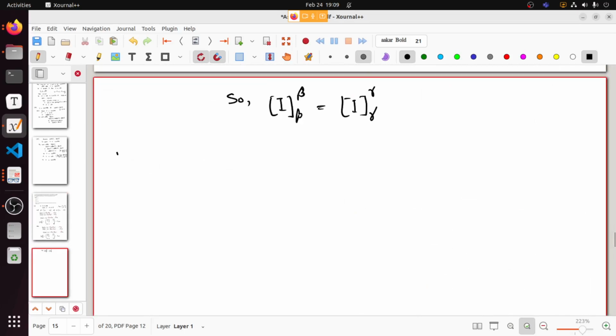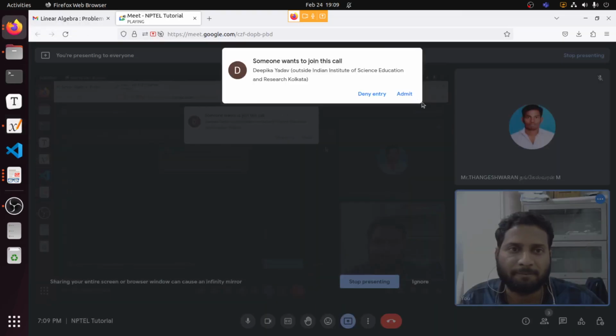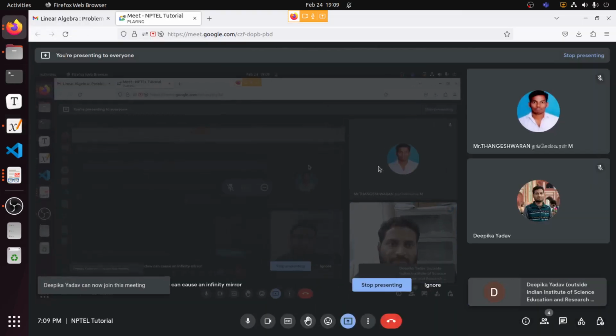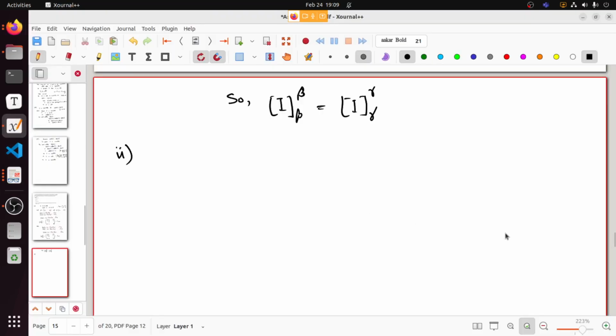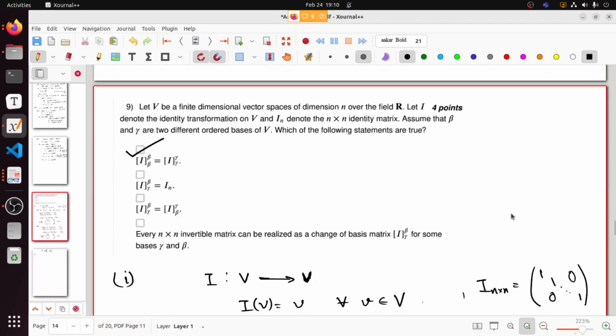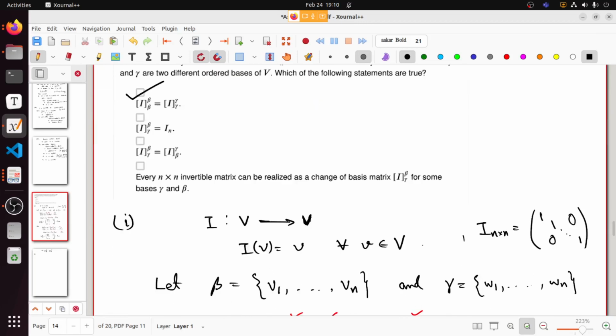We will show that this second option is false, meaning if you write the identity transform with different bases gamma beta, then it will not be the identity matrix.